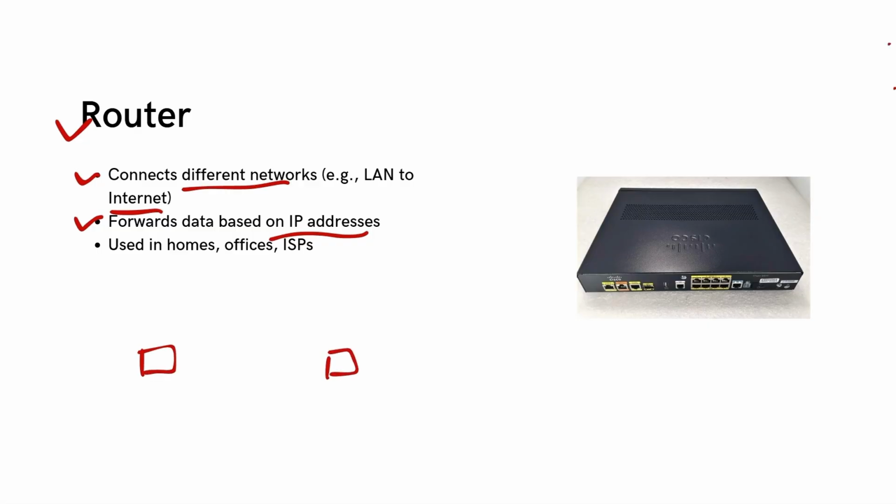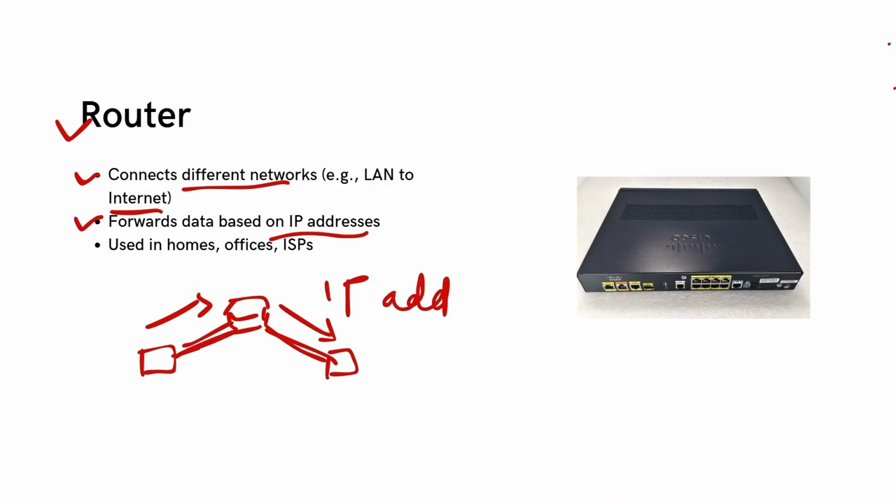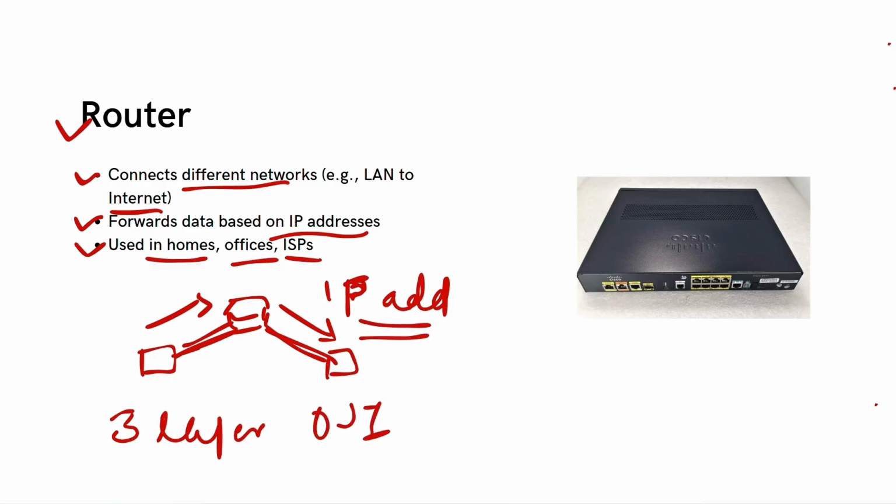Here are two different networks, and this is where a router comes in and connects the two networks together, and it forwards the packet based on IP address. It is used in homes, offices, and ISPs. And a router operates at layer 3 of the OSI model.